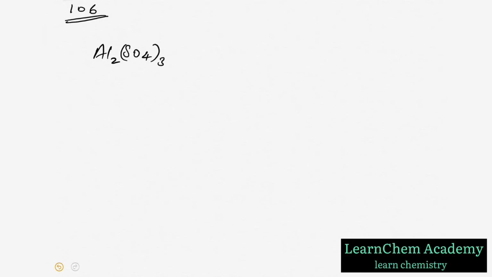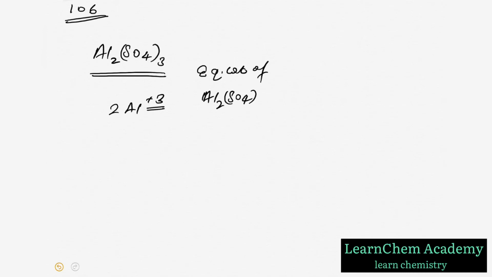In case of aluminium sulfate, we have two aluminium ions and their valency is +3. So equivalent weight of Al2(SO4)3 will be molecular weight of aluminium sulfate divided by number of metal atoms and valency of that metal.